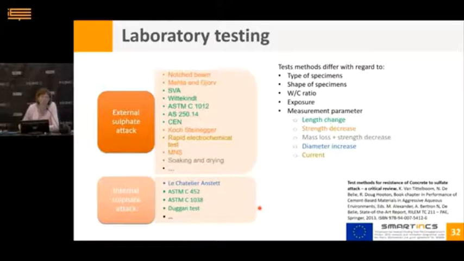As told in the beginning already, choosing only one is maybe not the best choice, because then you maybe do not include all the degradation phenomena that can happen at a time. But you see over here, length change is very popular, strength decrease. Some also do the mass loss in addition, and so on. So these are the most frequently occurring ones.